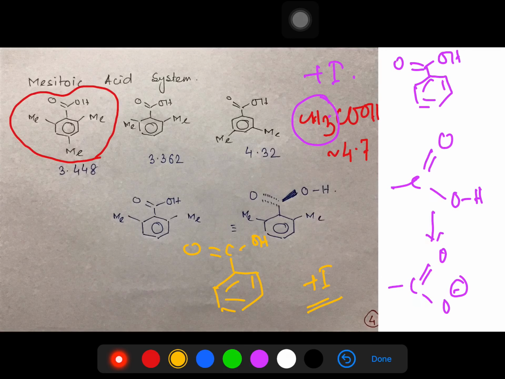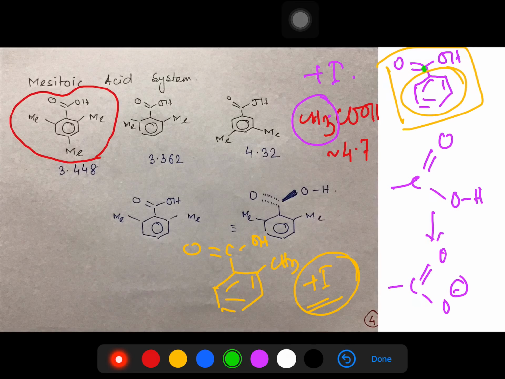Alkyl group means methyl group. If we attach, then it has a plus I effect, so it will push the electron density towards this benzene ring. Consequently, if you compare this with simple benzoic acid, in presence of alkyl group this nucleus is expected to be more electron rich. Consequently, in this case, the electron deficiency at this carbon will be less. Fine. So that thing is okay.